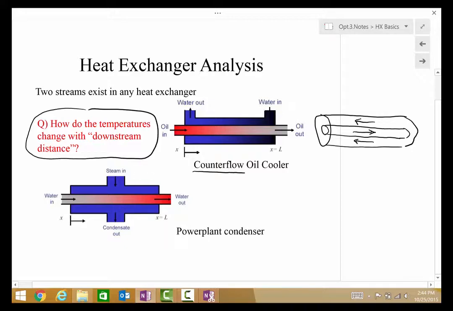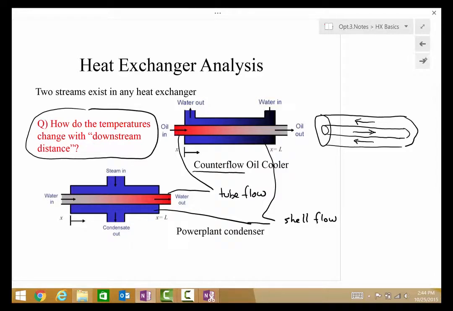So you might think about the flow inside as the tube flow and the flow outside as the shell flow. And we'll see how analysis of these types of processes allows us to get heat transfer rates and temperatures.